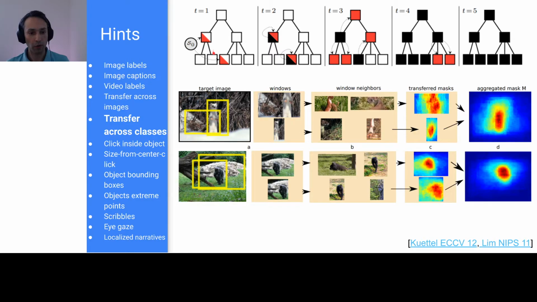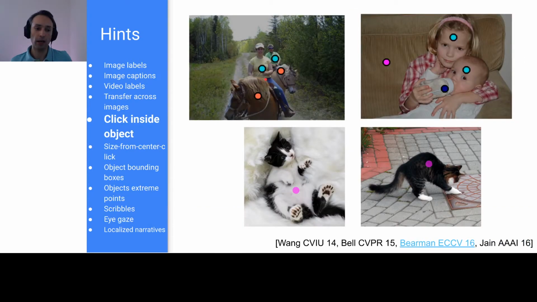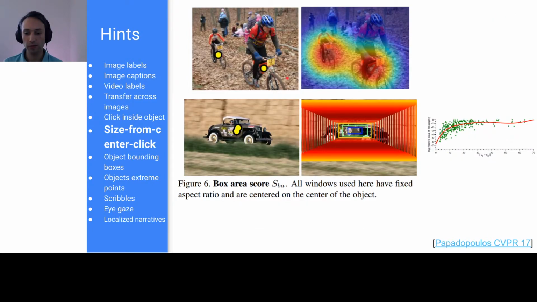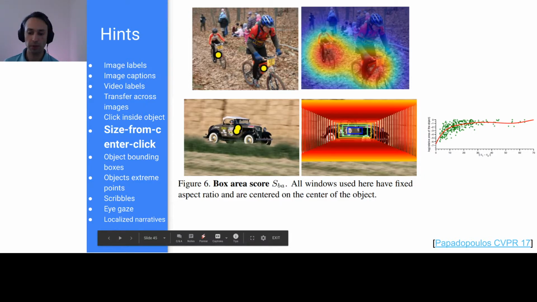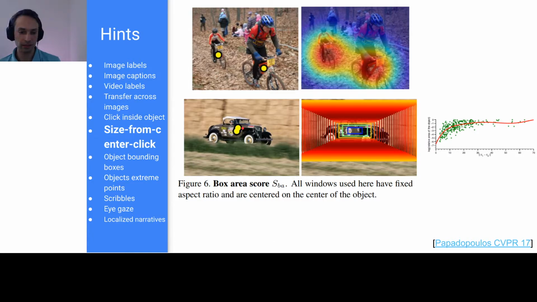Finally, going into more direct annotations, quite a few works have considered the idea of clicking on the object. So instead of segmenting the full object, you just make one or a few clicks on the object as signal for weakly supervised segmentation. There's also an interesting observation made by this paper, where they show that if you have two or three clicks on the object instances, there is a bias in how humans annotate.